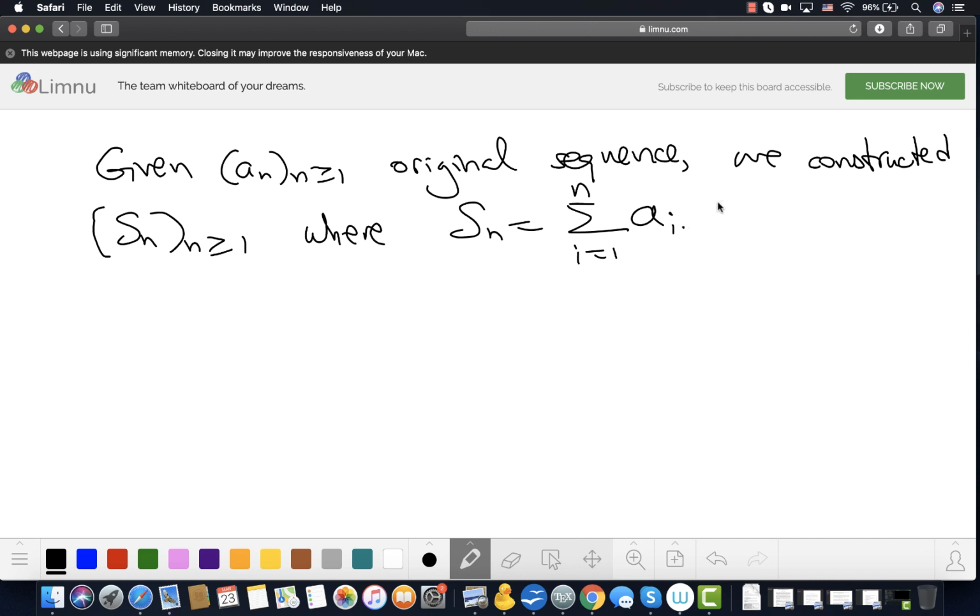Okay. So now we have two scenarios that can happen. In case 1, let's say the sequence of partial sums converges.